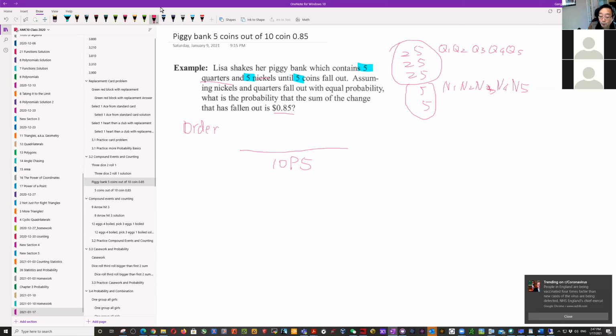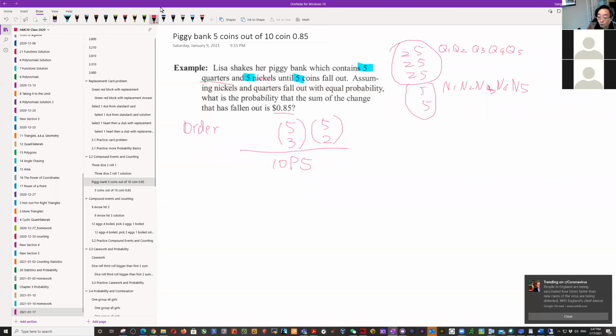To make 85, we first face a task to pick 3 quarters out of 5, so it's 5 choose 3. We also choose 2 nickels from 5, so it's 5 choose 2.